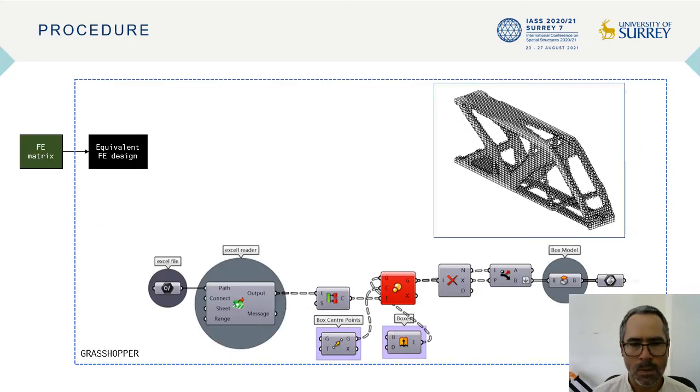Once in Grasshopper, the algorithm is going to read this Excel file in order to produce an equivalent system based on several cubes representing these finite element arrays.